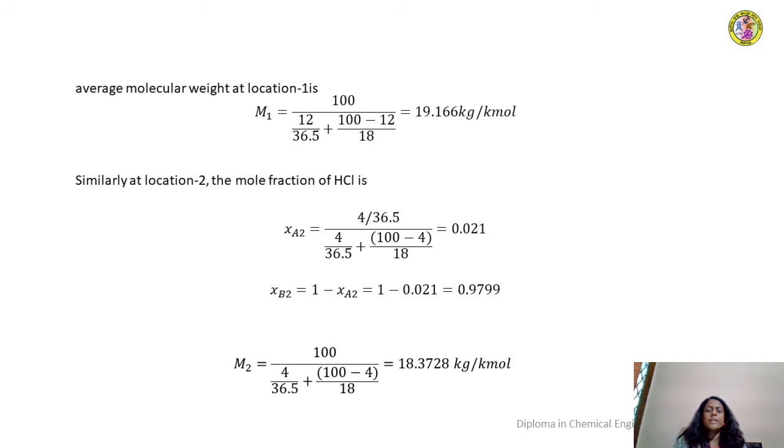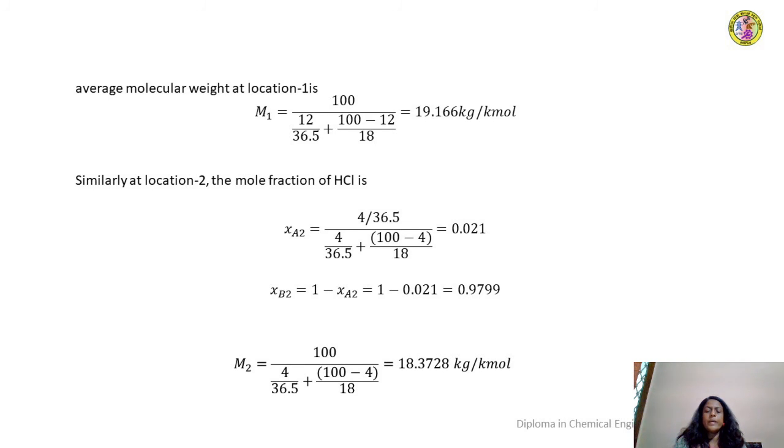Now from this we can calculate XB2. XB2 is nothing but 1 minus XA2, so 1 minus 0.021 is equal to 0.9799. Let us now calculate the average molecular weight at location 2.